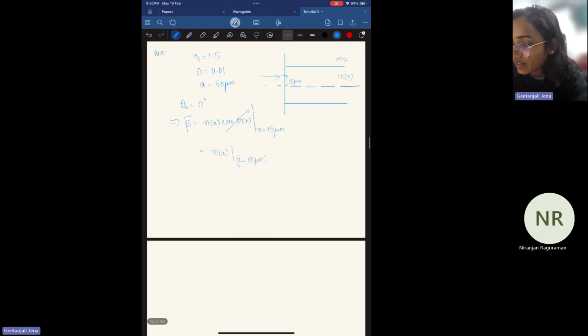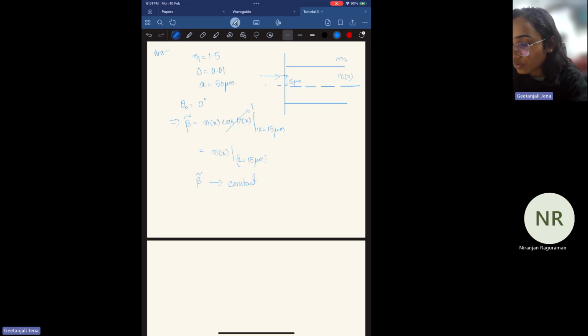We already know that whenever the ray propagates inside the parabolic index medium, this beta tilde remains constant. Only the refractive index and the angle theta vary such that the product of the refractive index and cos theta makes beta tilde constant.